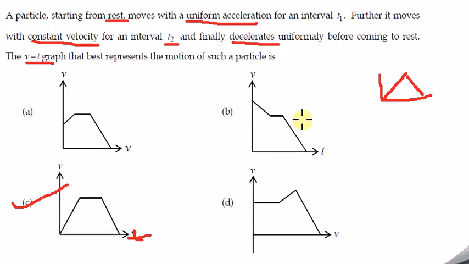These are the basic fundamentals. The trick is this: constant velocity means you just draw a line parallel to the time axis. This is velocity and this is time.